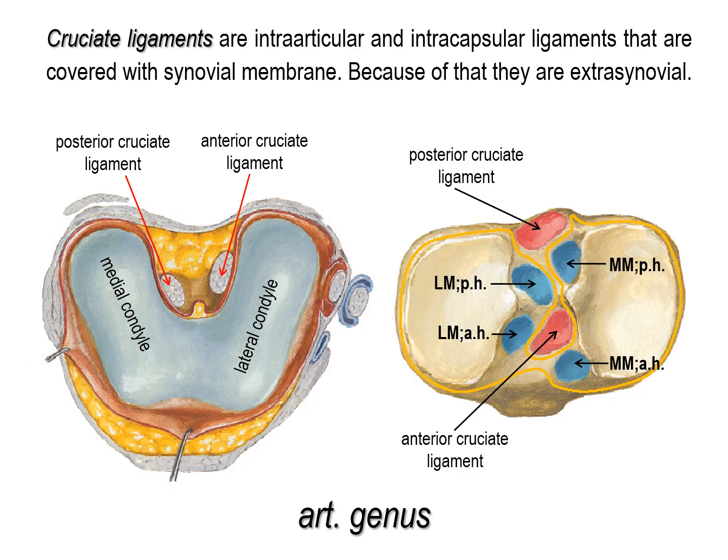The posterior cruciate ligament is attached below to the posterior intercondylar area of the tibia, while the upper part of the posterior cruciate ligament is attached to the lateral surface of the medial condyle of the femur.